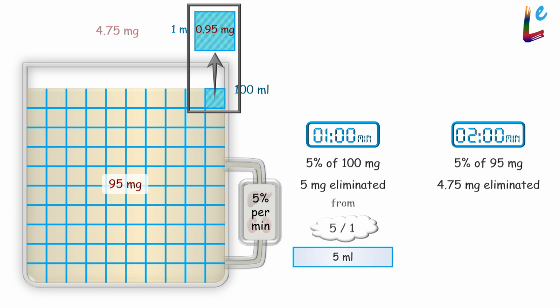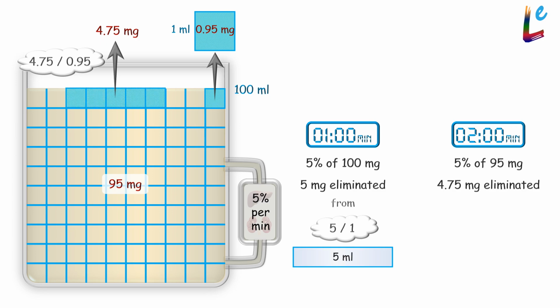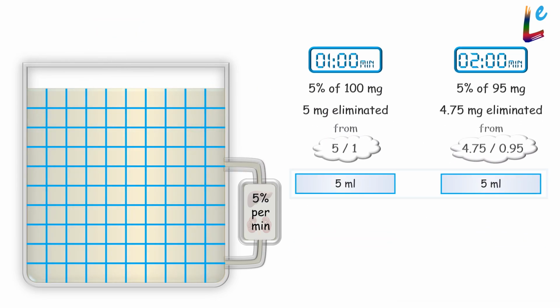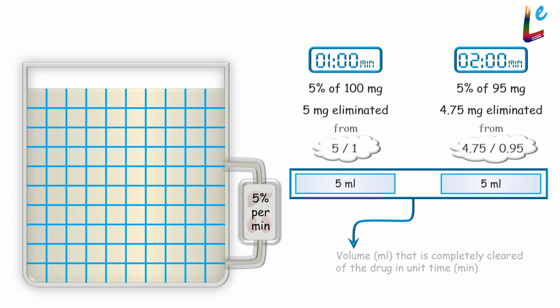So 4.75 milligrams would be present in 4.75 divided by 0.95, that is again 5 squares. So when 4.75 milligrams is eliminated, once again we can assume that 5 ml of water is completely cleared of the drug. This volume, that is completely cleared of the drug in unit time, is called clearance.